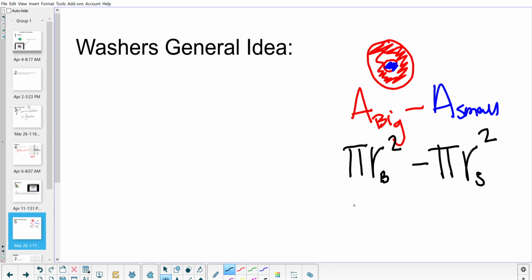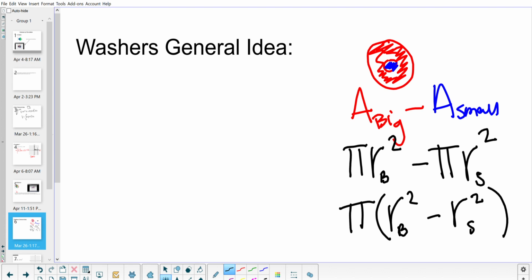So in general, it's pi times the big radius squared minus the small radius squared. So how are we going to use this idea in an integral?